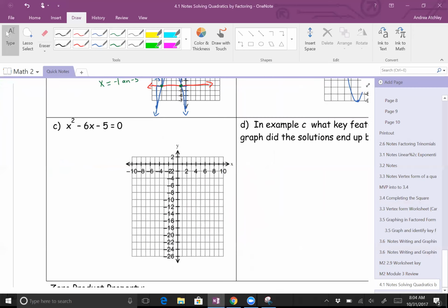Now we're going to graph this one. We want to find where this parabola is going to equal 0. So we're going to go back to our Desmos.